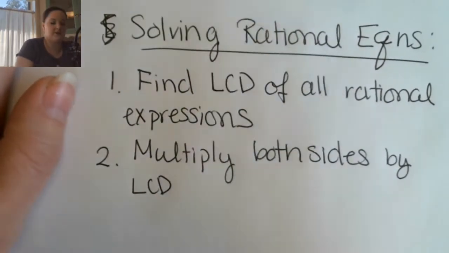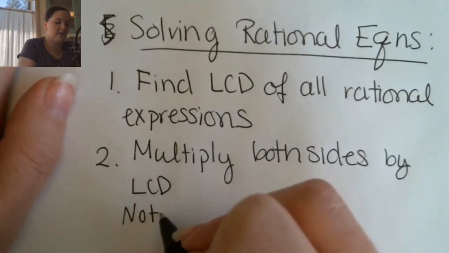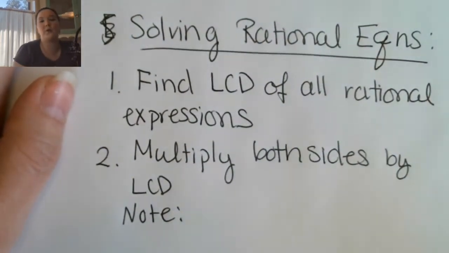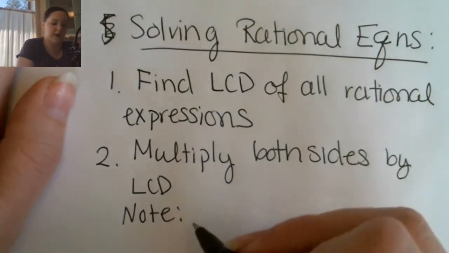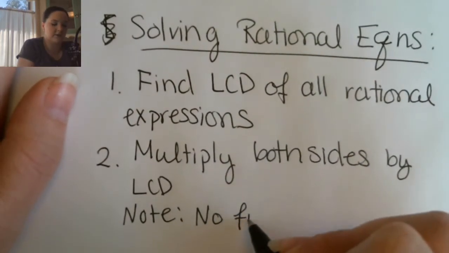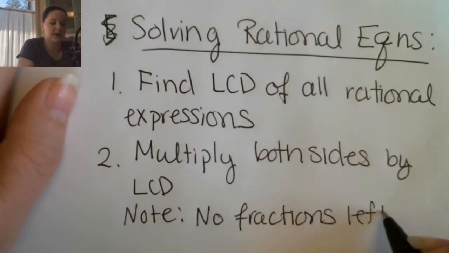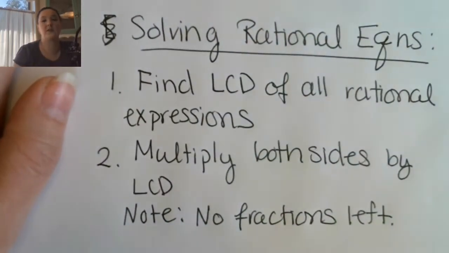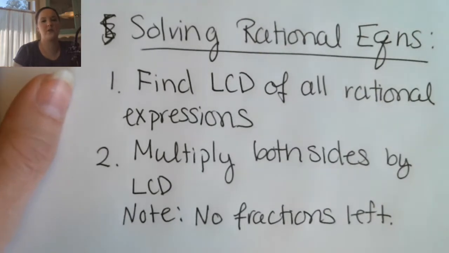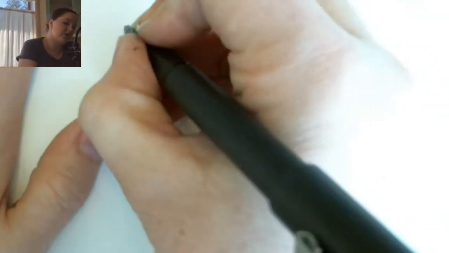The point of this method is that you should have no fractions left after you multiply by the LCD. It clears away the fractions so that you can solve. After that, you finish solving normally.